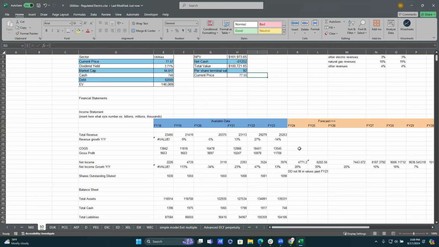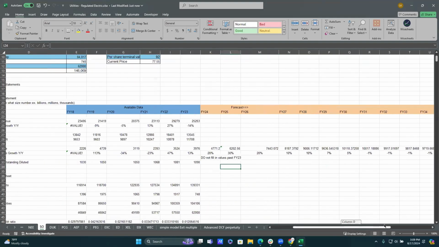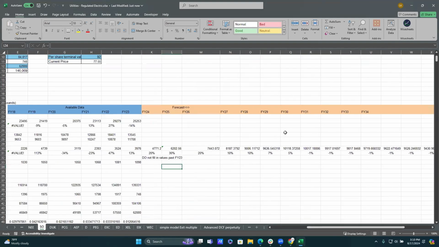All right. So when we get to the actual forecast of the company, most of the data is already automated because we can use those Excel formulas. But for fiscal year 24, 25, 26, 27, 28, 29, and 30, that is where I apply my forecast.